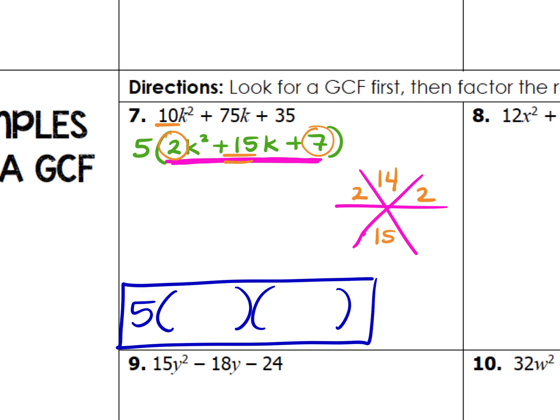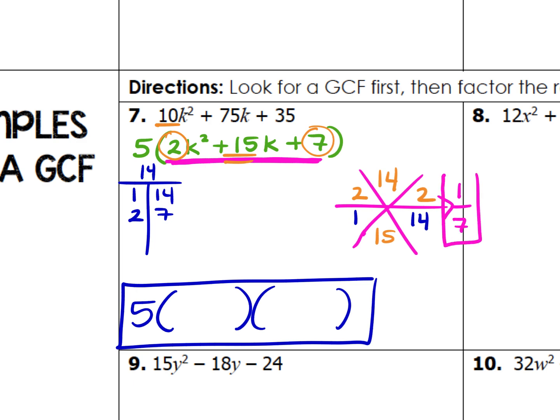So you're asking, what can I multiply to get 14 that I can add to get 15? So 1 times 14, 2 times 7, 3 doesn't work, 4 doesn't work, 5 doesn't work, 6 doesn't work, and we're back to 7. Of those two, which one can add to 15? 1 and 14. Is there anything to reduce? 2 and 14 should be 1 and 7.